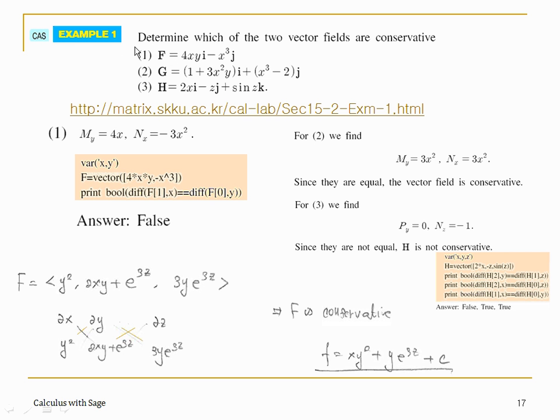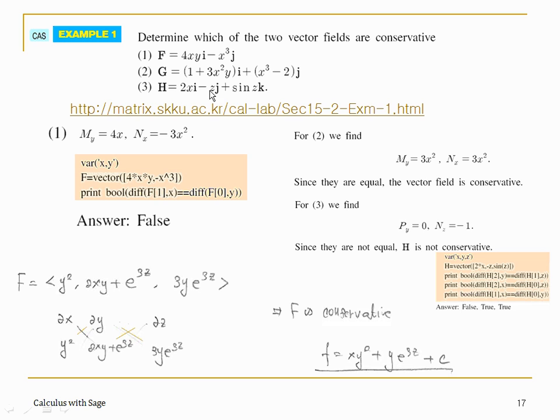Okay, here's another example. Determine which of the vector fields are conservative. For the first one, we have M and N, and M_y and N_x are not the same, so it's not conservative. For this one, M is 1 plus 3x squared y, and N is x cubed minus 2. The partial derivative of M with respect to y is 3x squared, and the partial derivative of N with respect to x is 3x squared. They are the same, so it is conservative.